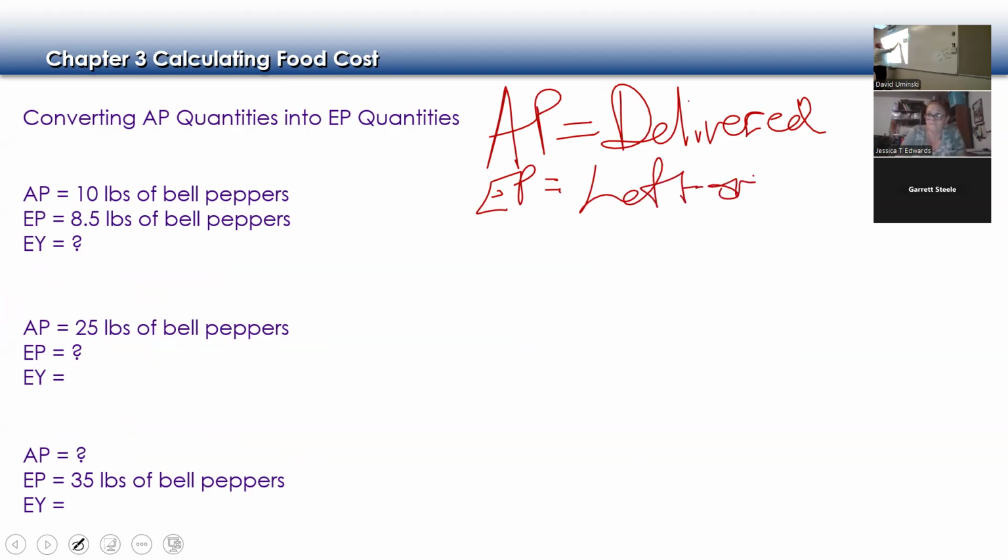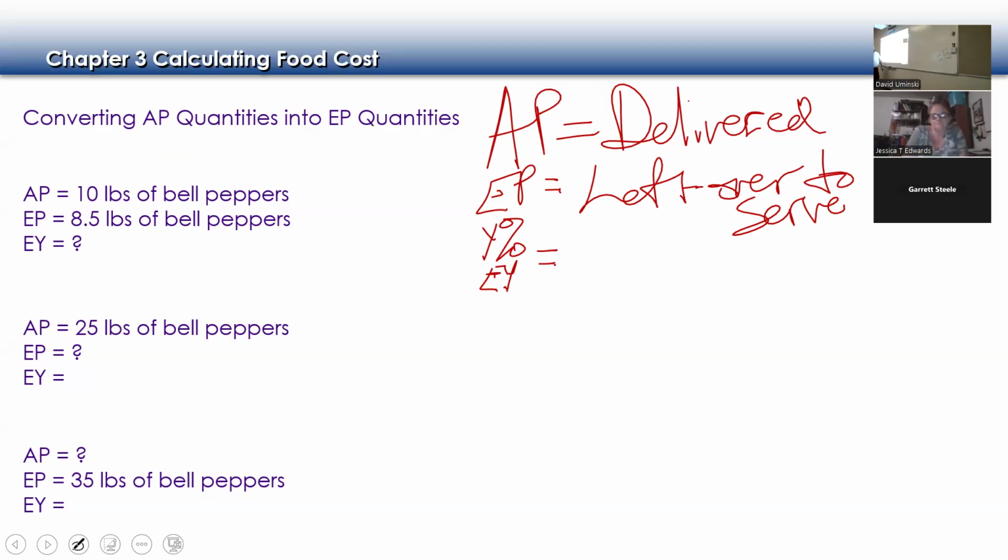And then our yield percentage, or edible yield, is basically the comparison of how much is left over to how much we actually purchased.